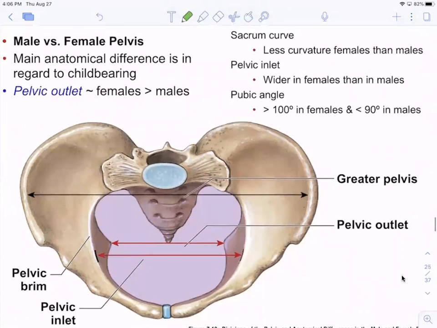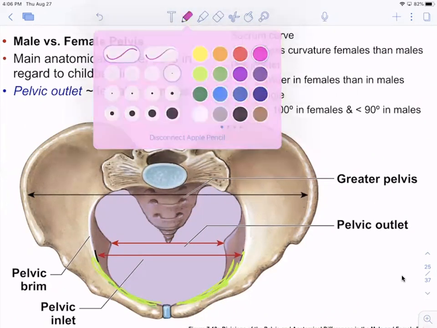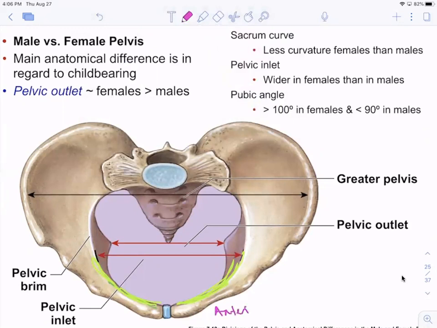A couple of things to note as we look down. Again, this is the arcuate line here. You can see how the arcuate lines define this pelvic outlet, right? When we're looking at this, this is anterior and this is posterior. And these right here are the ischial spines, that one and that one.